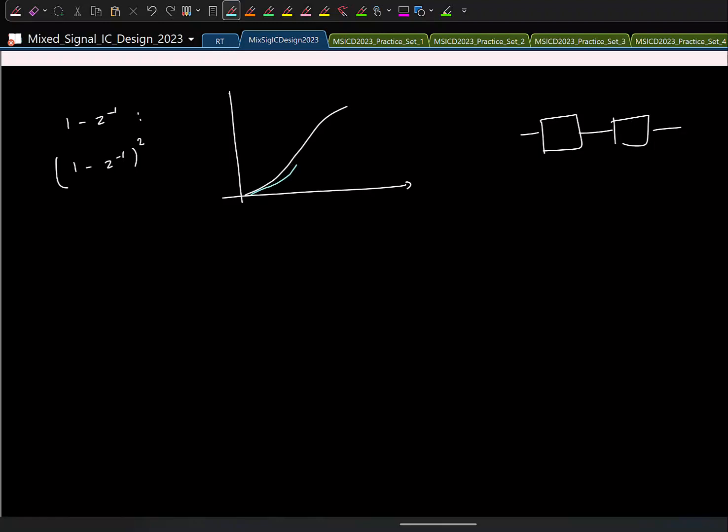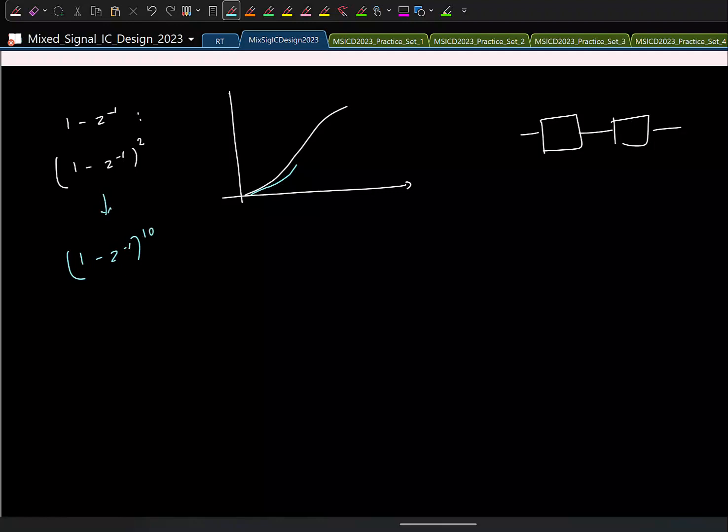Let us say something. Now I don't have to stop, right? Let's say I do to the power 100. Then I can get really small noise here and attenuate everything else. So what is the issue?